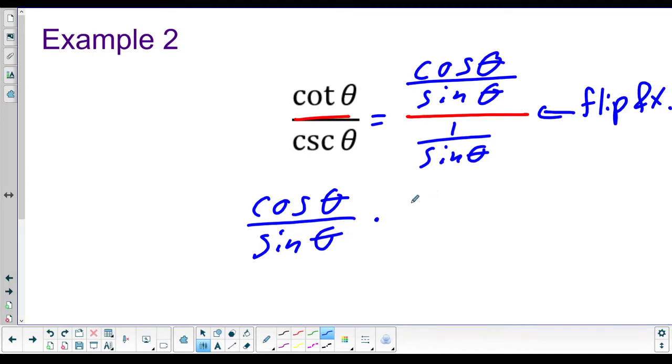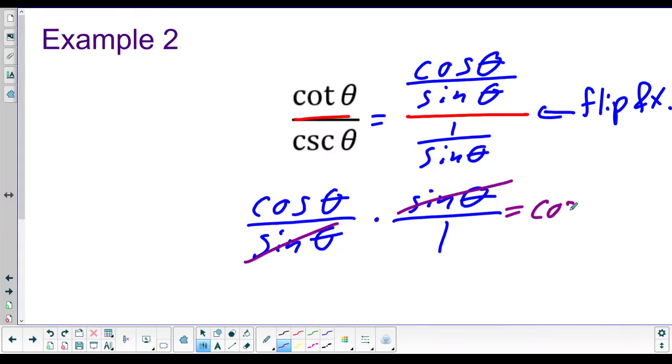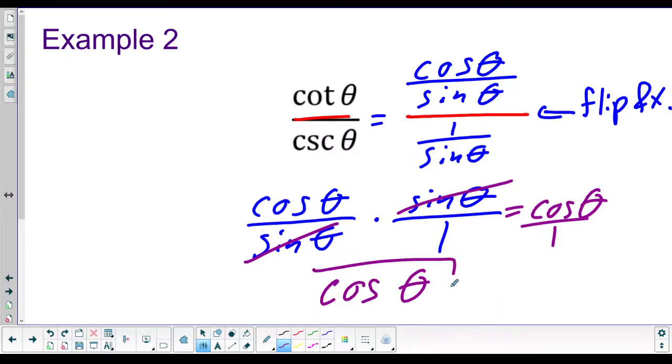So this is going to be sine of theta over 1. All right, now the sines cancel, and we get cosine of theta over 1, which is just cosine of theta. Incredible. Look how simple this becomes. These are fun. I love these. I hope you're having as much fun as I am.